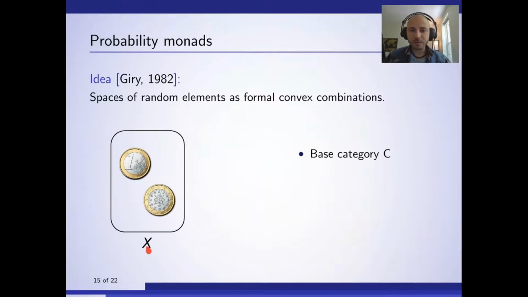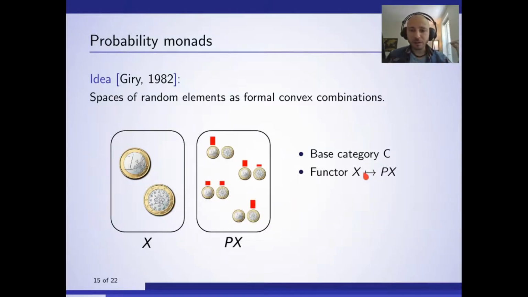For example, the space X, which you can think of as a coin, has two states, heads and tails. Now, the functor takes a space and gives you a new space of the, so to say, random states, like formal convex combinations of these elements. For example, it contains half and half, heads and tails, with 50-50 probability, or 100 and 0, 75, 25, and so on.